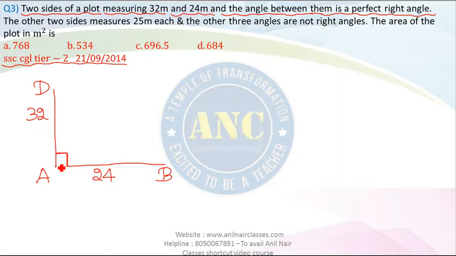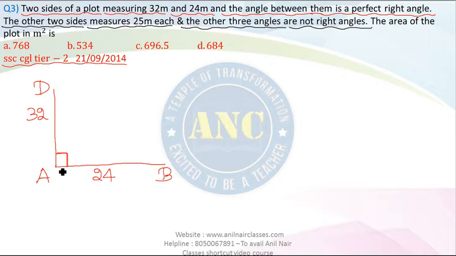Angle A is given as 90 degrees. That is statement 1. Let us see the other statement. The other two sides measure 25 meters each, and the other three angles are not right angles. That means you cannot just make it a square. If you make it a square, this will be 32 and this will be 24. But the question says the other two sides are 25 meters each.